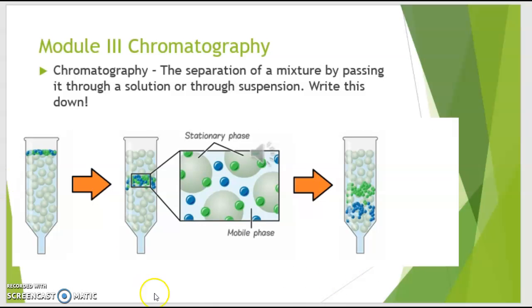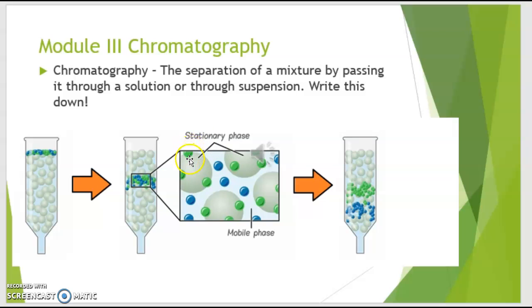So let me go back to this slide real quick. Inside of these little beads, there are little pores. And if it's a larger substance, such as the blue here, they're too large to go through the little bitty pores that are inside the beads. So they move around the beads. The green protein, they're small enough that they can go through the pores.